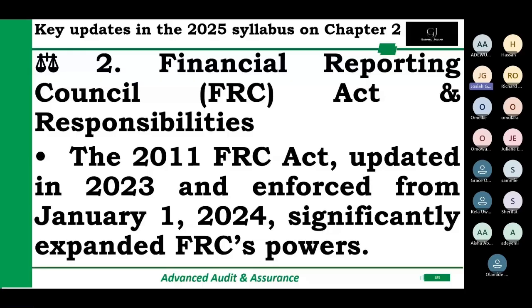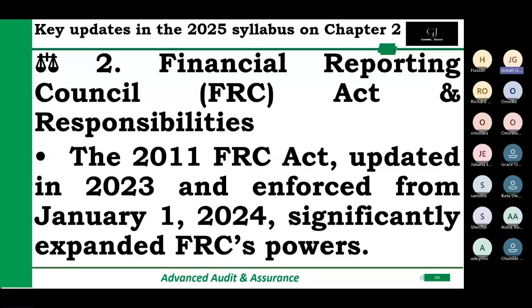So public interest companies, including listed companies, PLCs, entities with over 30 billion naira and above turnover, government entities, government-linked projects with over 1 billion and above are to comply with these ICFR elements and engagements.